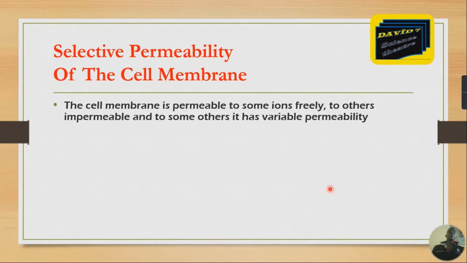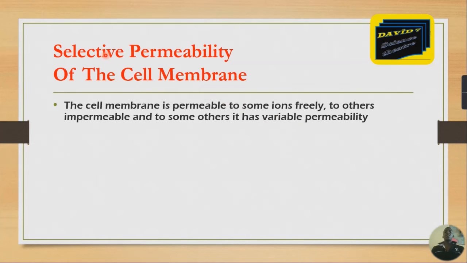So let's begin with the selective permeability of the cell membrane. The cell membrane is permeable to some ions freely, to others it is impermeable, and to some others it is permeable to a variable extent. What do I mean?